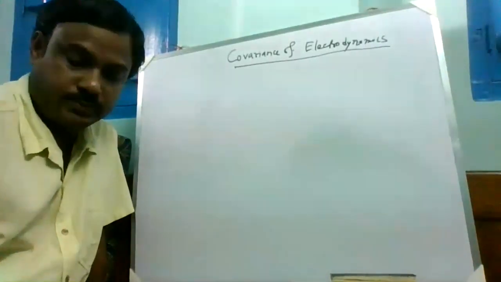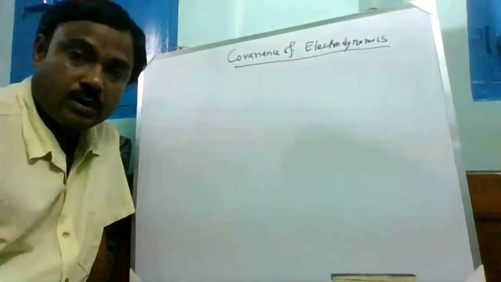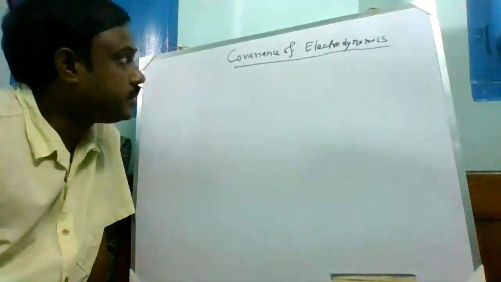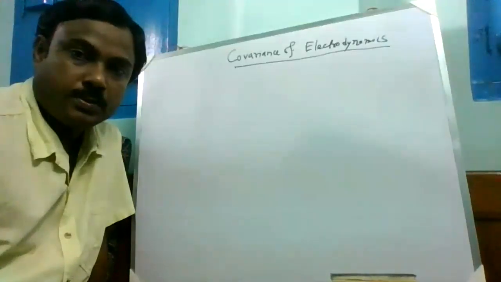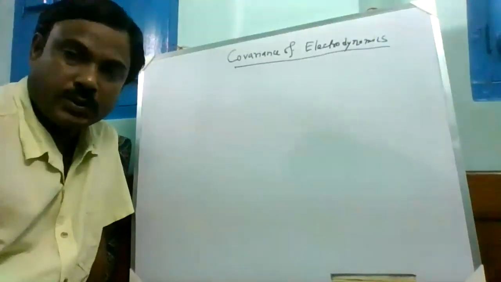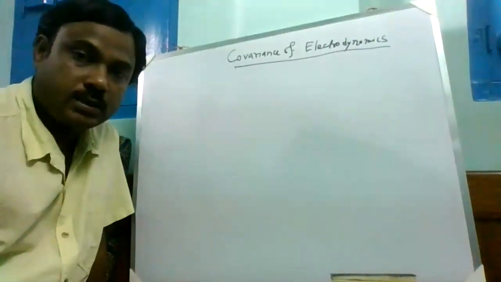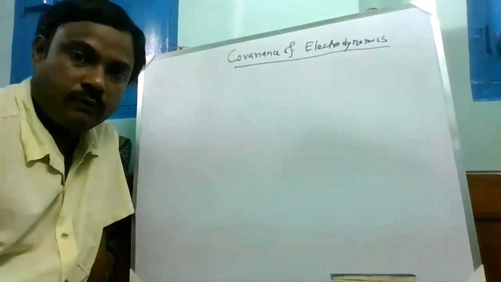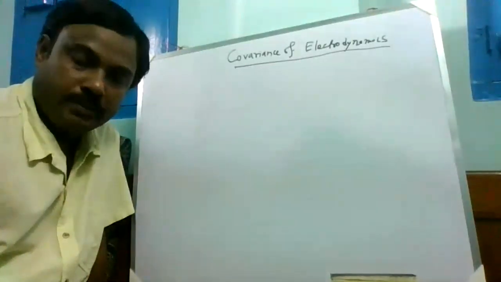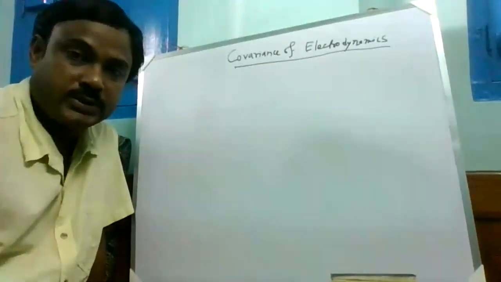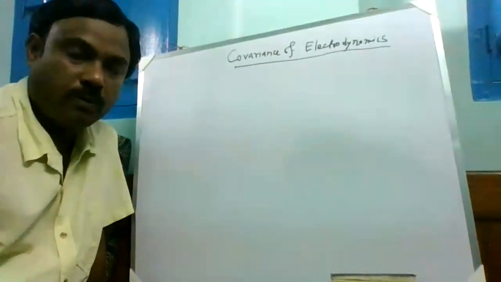Let's observe that continuity equation, Lorentz gauge condition, and the equation of wave in potential form have been expressed in covariance form.